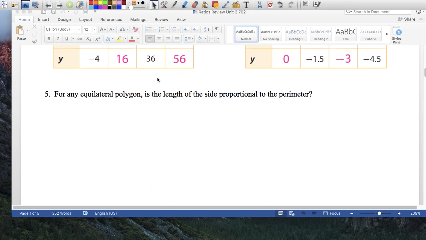For any equilateral polygon, is the length of the side proportional to the perimeter? Be careful. So let's take a triangle, equilateral. All right, so is the length of the side proportional to the perimeter? So if this is 1, this is 1, this is 1, the perimeter. So let's say side, and let's call the perimeter, let me create a table.